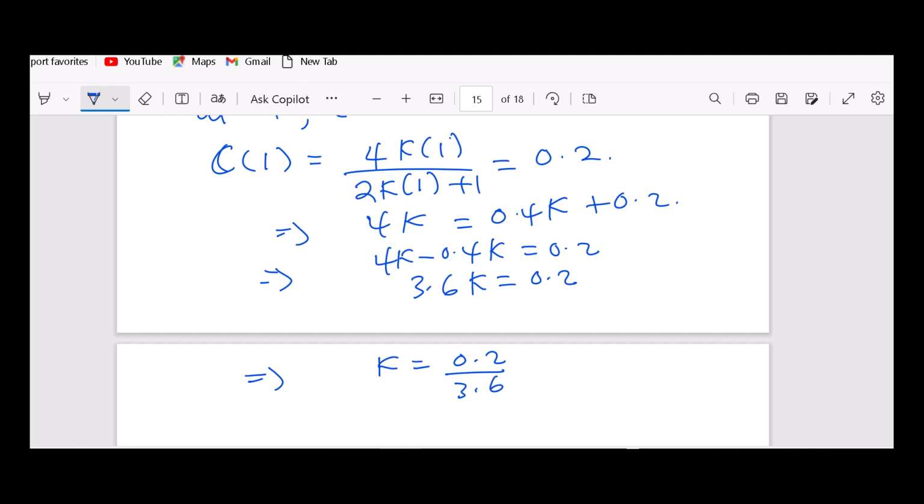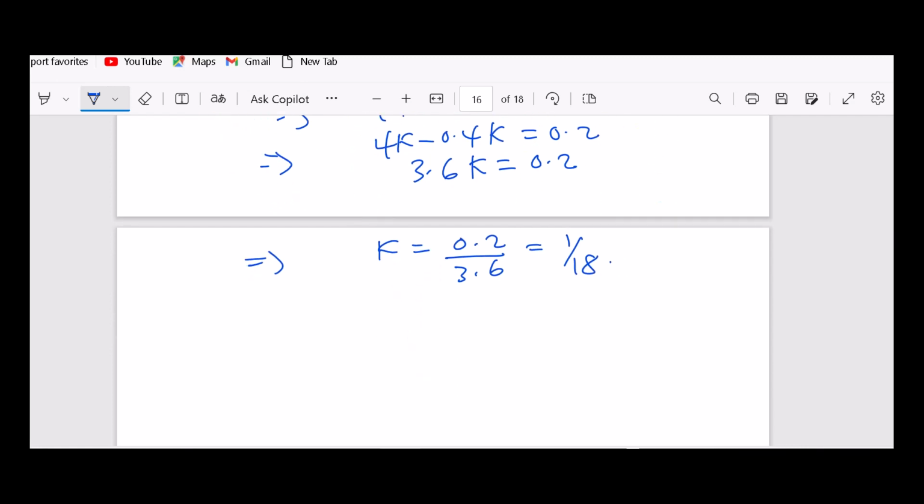Let me see, 0.2 divided by 3.6. So this is equal to 1 over 18. That is your K.